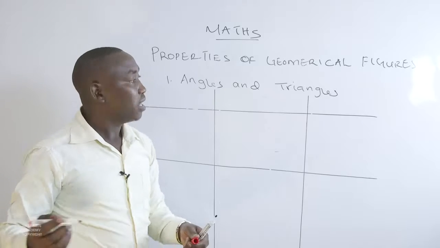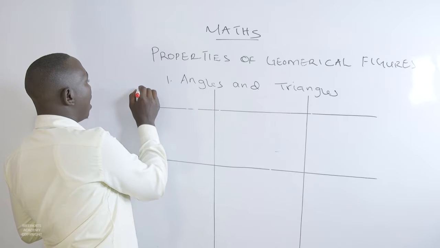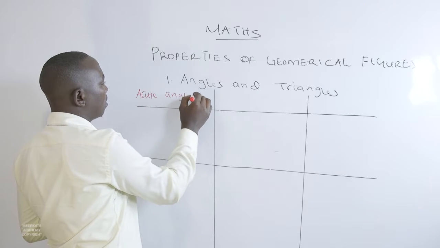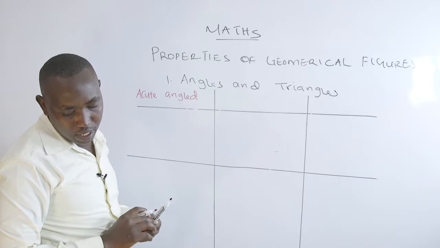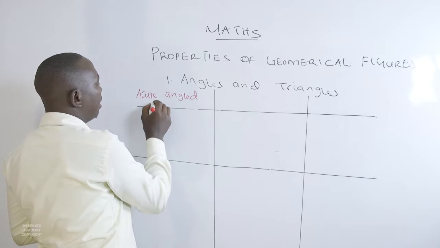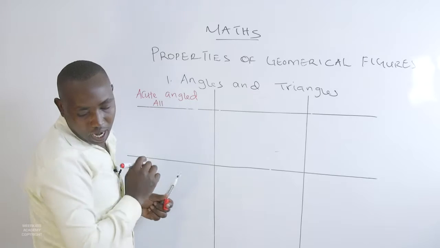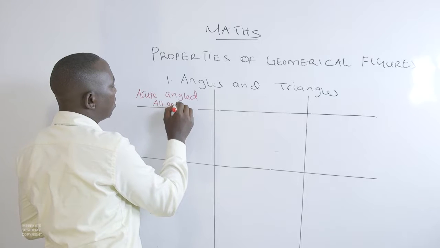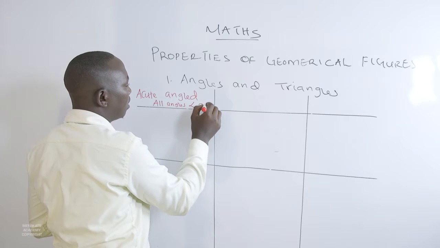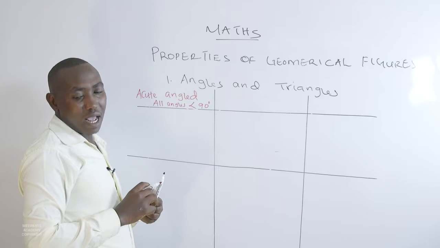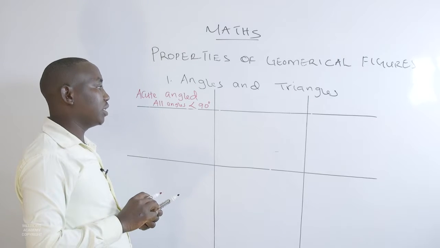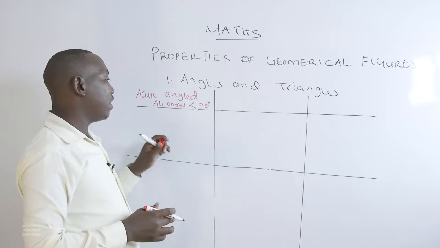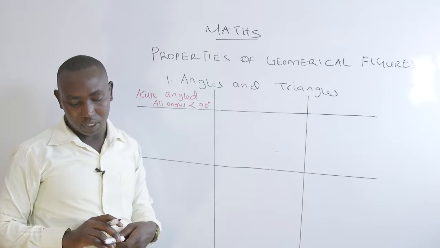Now depending on the angle, we can have acute angled triangles. In this case, all angles are acute. That means they are less than 90 degrees. For this particular case, we have, in fact, three types of triangles.